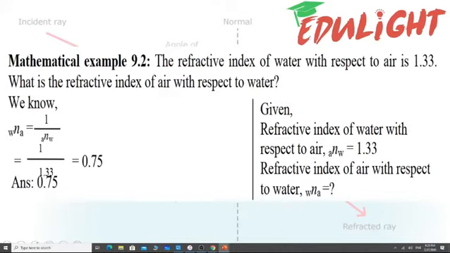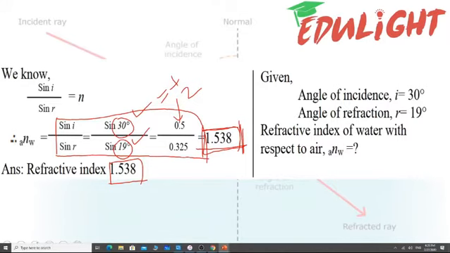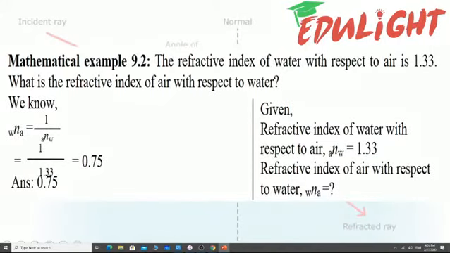Now the second example, based on the previous example. The numerical value is new here. Suppose you have been told that the refractive index of water with respect to air is 1.33, and you have to find the refractive index of air with respect to water.